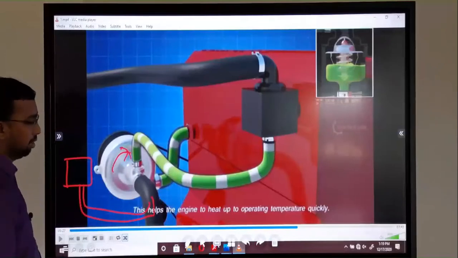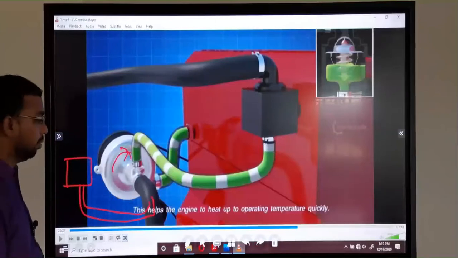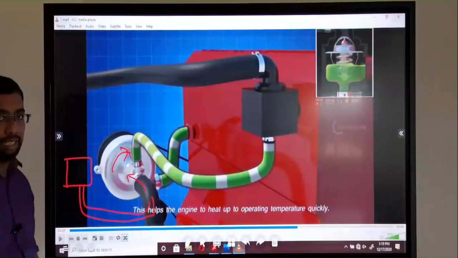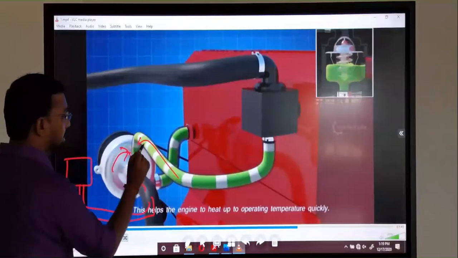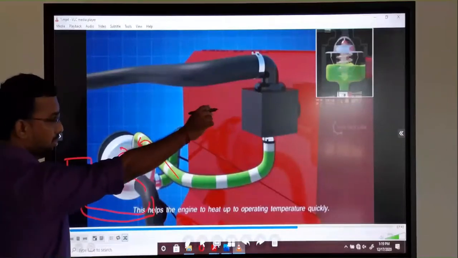Okay, so that pulls the water. So this intakes water from the radiator, and this takes coolant from the bypass line from the thermostat outlet.